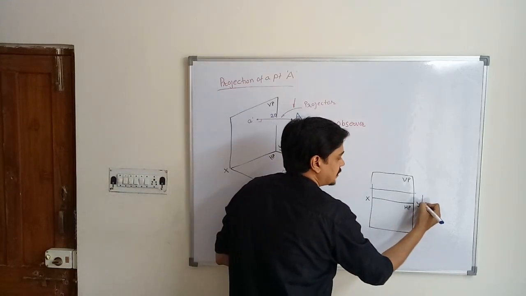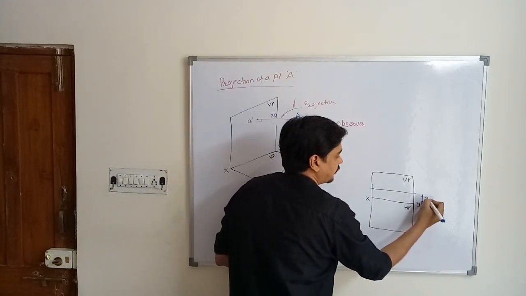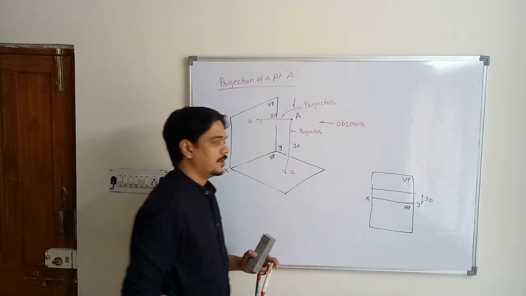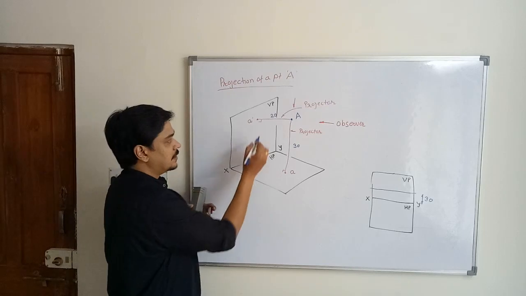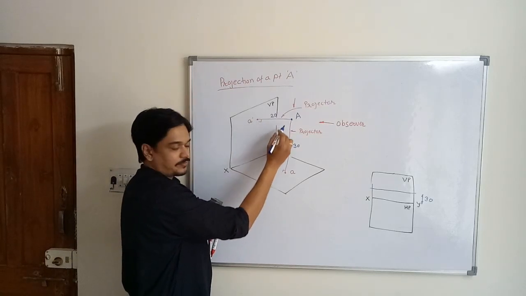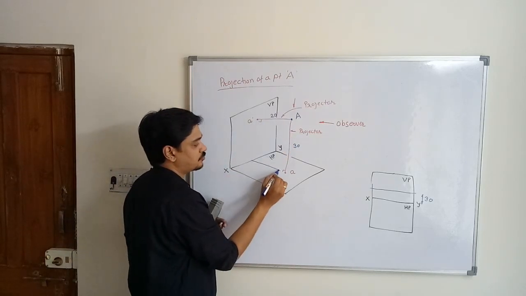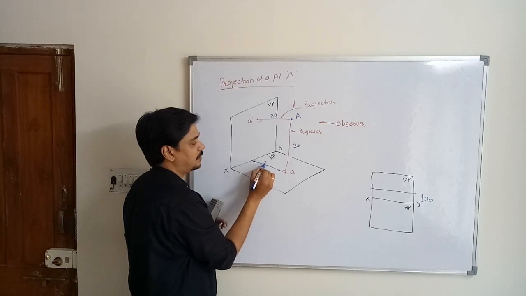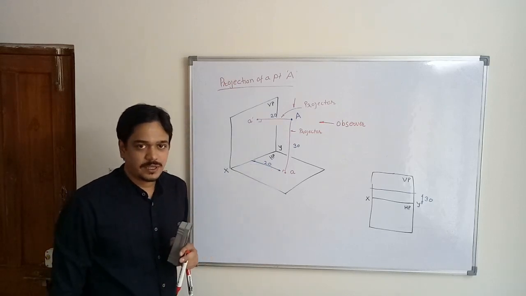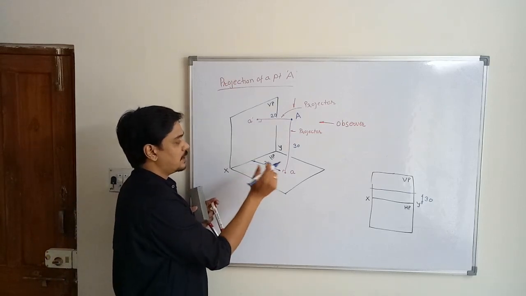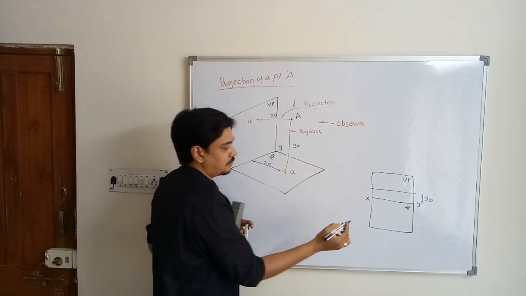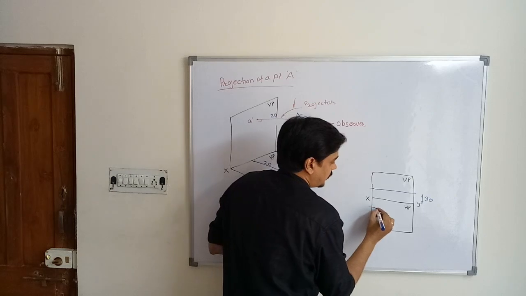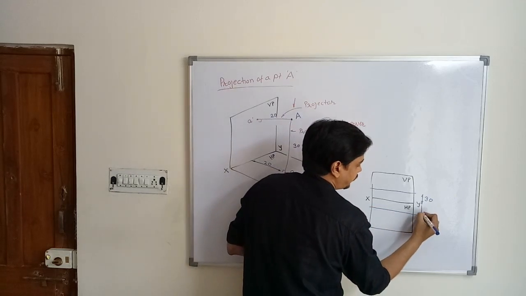So this distance is nothing but 30, which is seen in the vertical plane. And similarly, since this distance is 20, this distance will also be 20 because these lines are parallel. That's why we will draw this 20 distance in the top view. So this is that 20 mm distance.